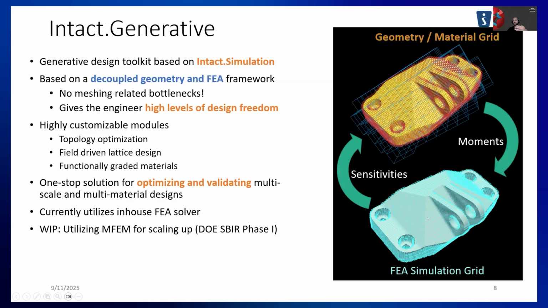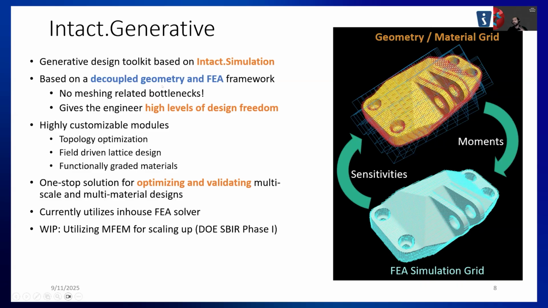They don't have to be coincident. They can talk to each other through moments. The FEA simulation, all it needs is moments to compute the integrals. It computes the weak form, minimizes the weak form, and then it gives stress, strain, sensitivities. And the sensitivities go back into the geometry grid. The geometry grid will utilize that information and update itself depending on the sensitivities.